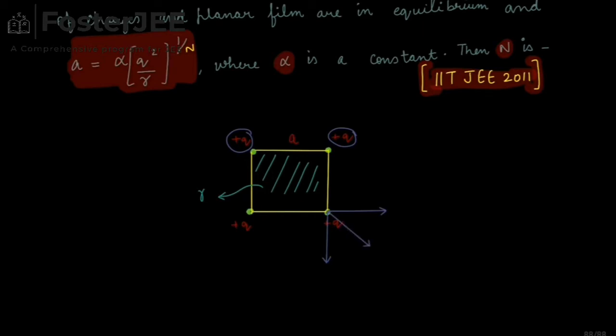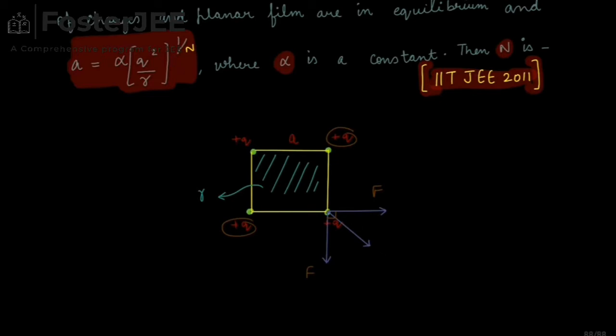Now we have to add these forces to get the net force. It is obvious that due to these two charges the forces will be equal, and they are inclined at 90 degrees, so the net force will be along this direction only.